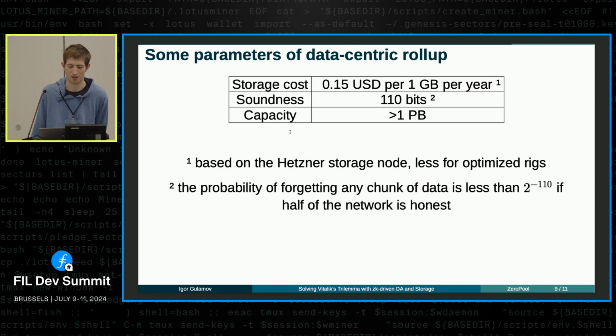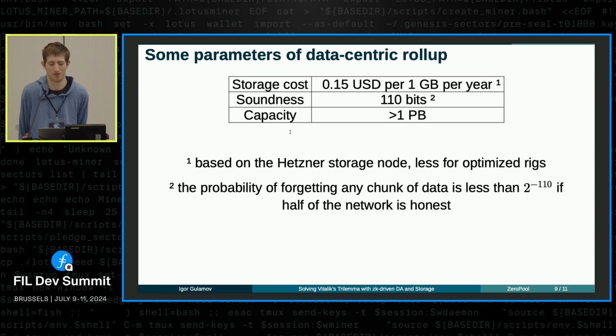These are some parameters that could be reached on a single data-centric rollup. Storage cost could be about 15 cents per gigabyte per year if we use something like Hetzner data nodes. If we use specialized rigs, it could be cheaper. Soundness is 110 bits.